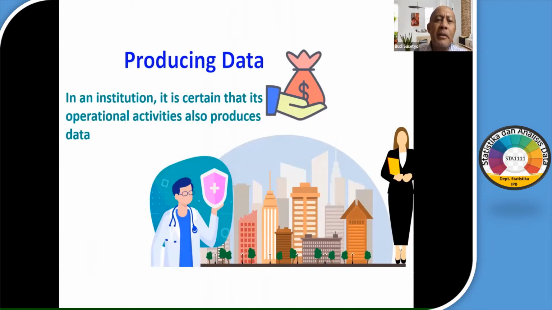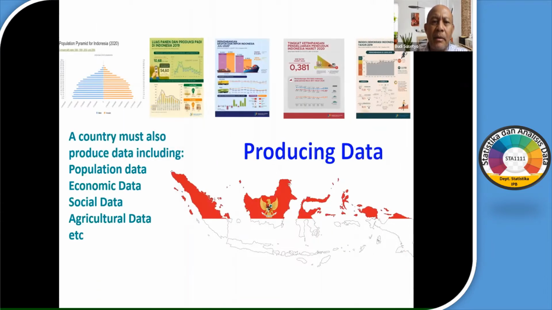So the processing of data in institutions: every institution produces data. Many big institutions also have big data, not just a few data for the institution themselves, but sometimes a country produces population data, economics data, social data, agriculture data, and so on.